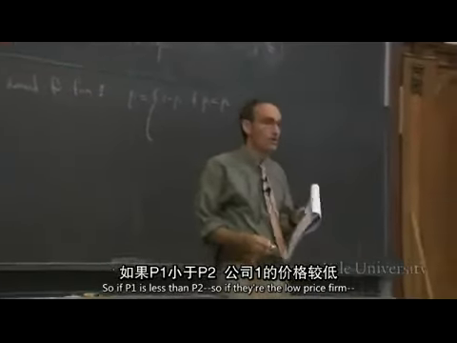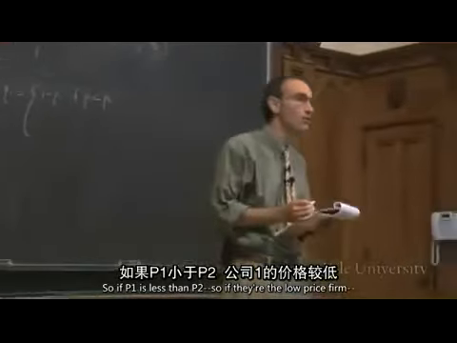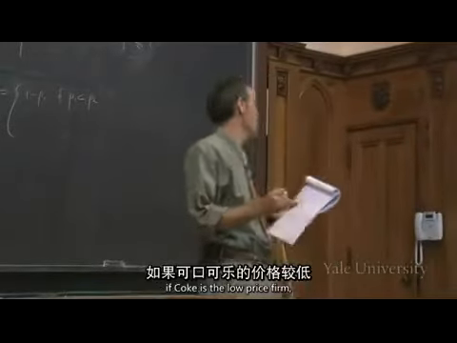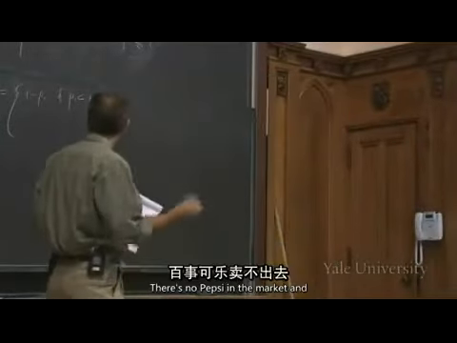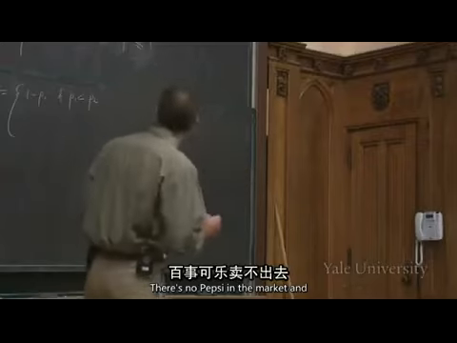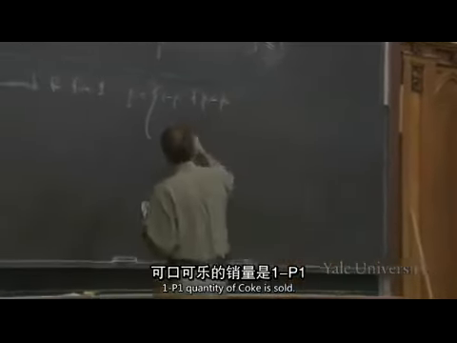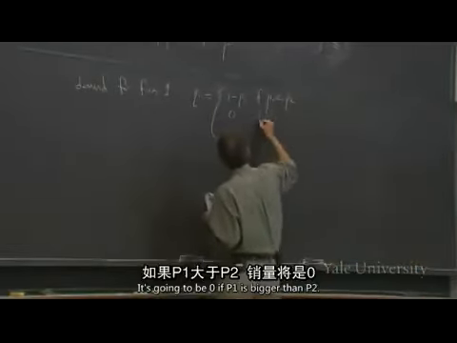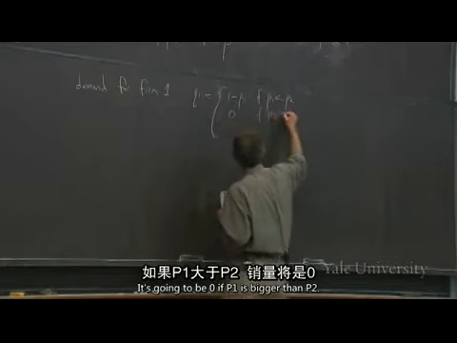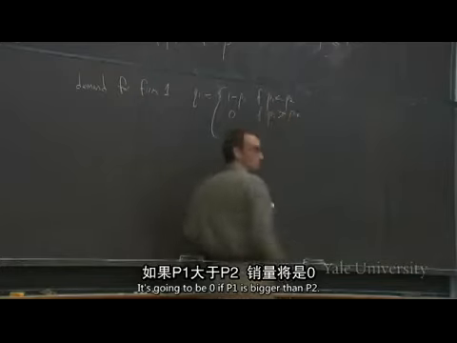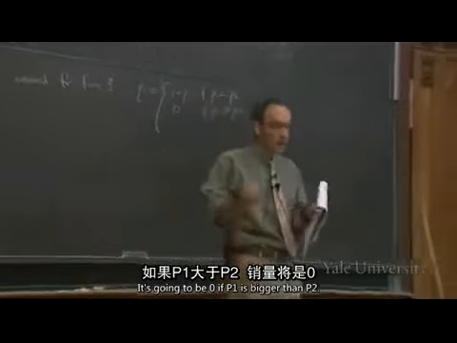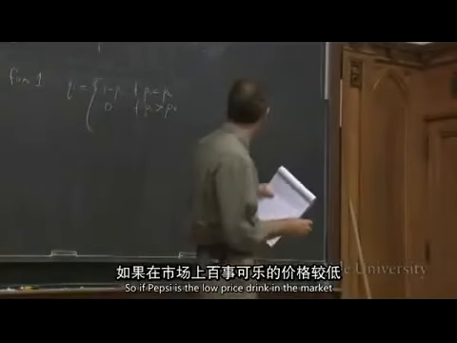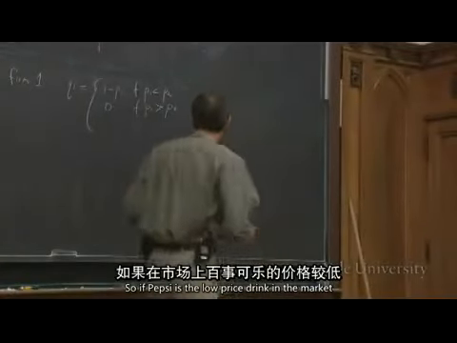If Coke is the low-price firm, only Coke sells in the market, there's no Pepsi in the market, and 1 minus P1 quantity of Coke is sold. It's going to be 0 if P1 is bigger than P2. So if Pepsi is the low-price drink in the market, then no Coke is sold at all.